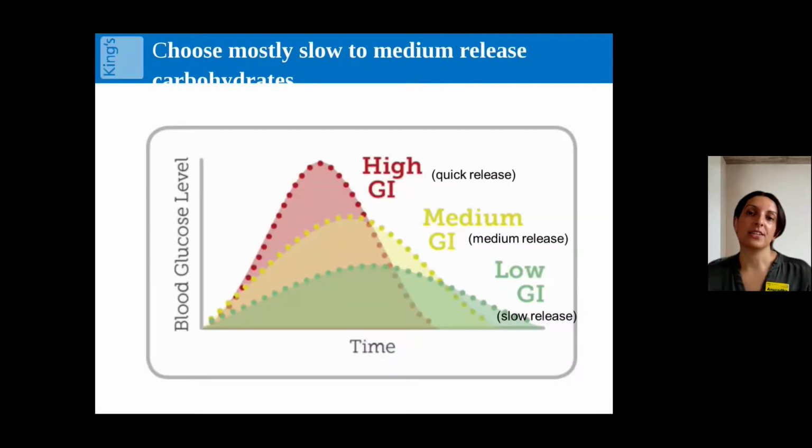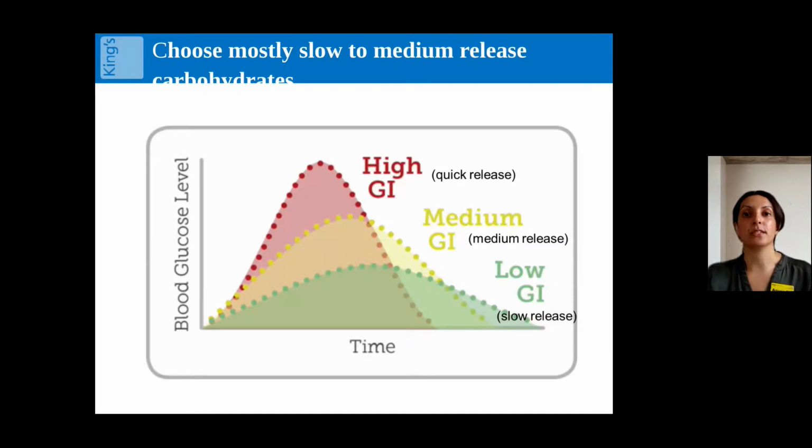Now, we focus specifically on the type of carbohydrate foods that you have, as well as the portion sizes of these, when we go on to discuss specifics to do with the dietary recommendations. What we always encourage is that predominantly within your diet, you have carbohydrates which fall under the low glycemic index category, also known as the slow release or high fiber carbohydrate options.